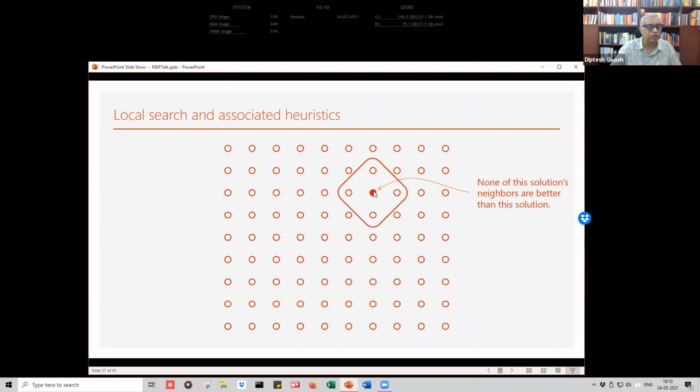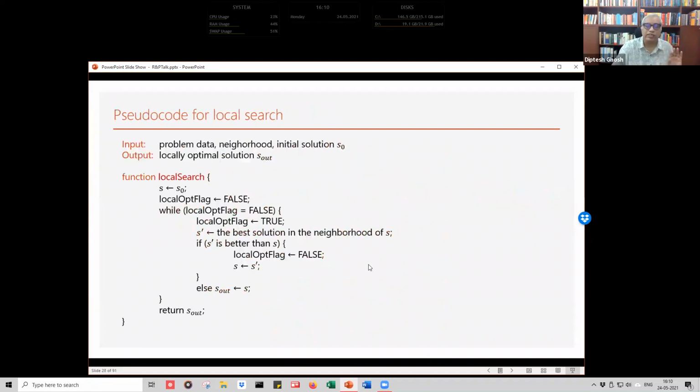I had reached a solution where none of the neighbors were better than this solution, so I stopped at this solution and output it as the best solution. And as I said, this is a heuristic. It is not guaranteed to give you an exact optimal solution, which may be somewhere else. Okay, so this is what is called local search.